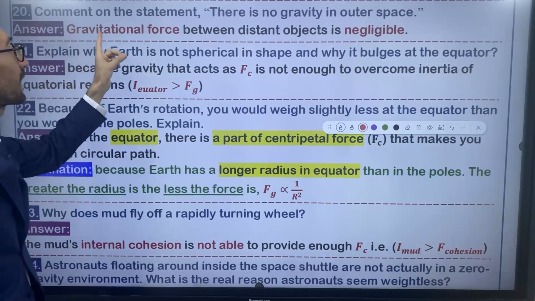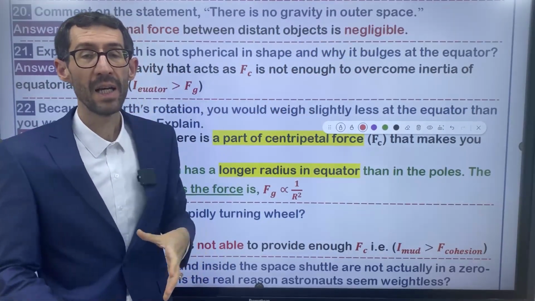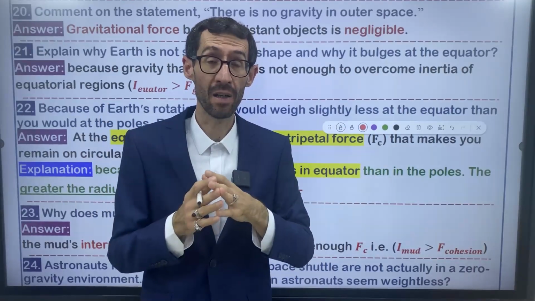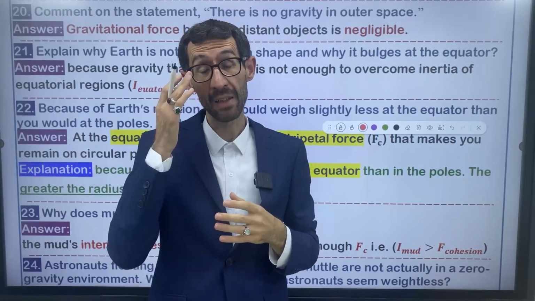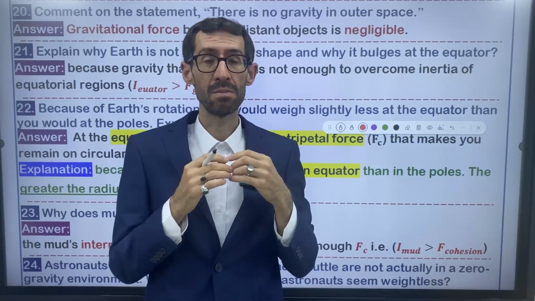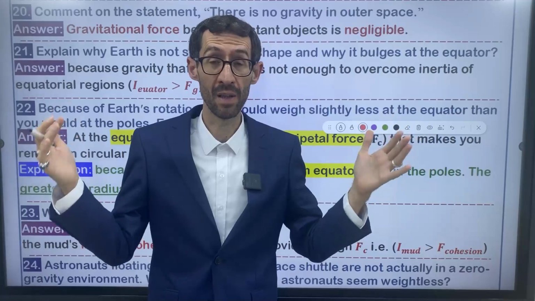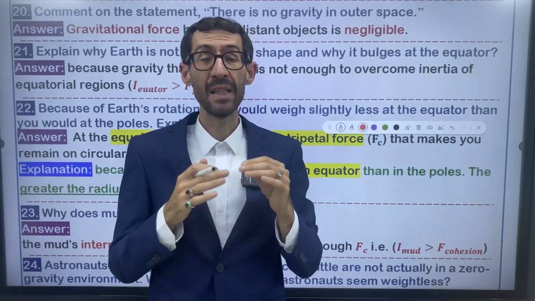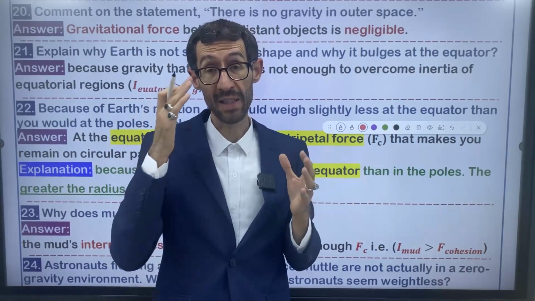It says, gravitational force between distant objects is negligible. Actually, in outer space, stars and planets are away from one another, at a huge distance. Let me give you an example. Think about the stars.